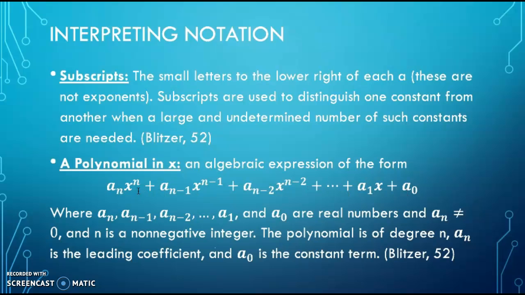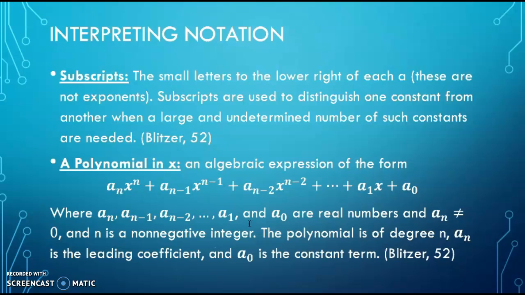So you can see the exponents are decreasing by 1. The n's are non-negative integers. So we will have an x to the 0 power right here for the constant term.